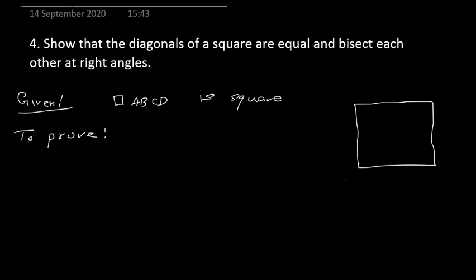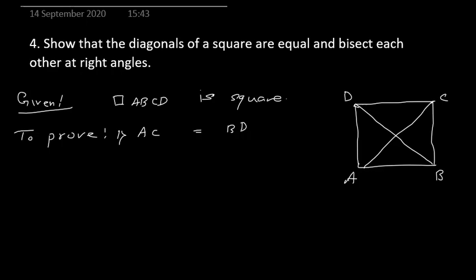First we have to prove, if it is ABCD, that AC is equal to BD. We have to prove that diagonals are equal. And next I have to prove that they bisect each other at right angles.